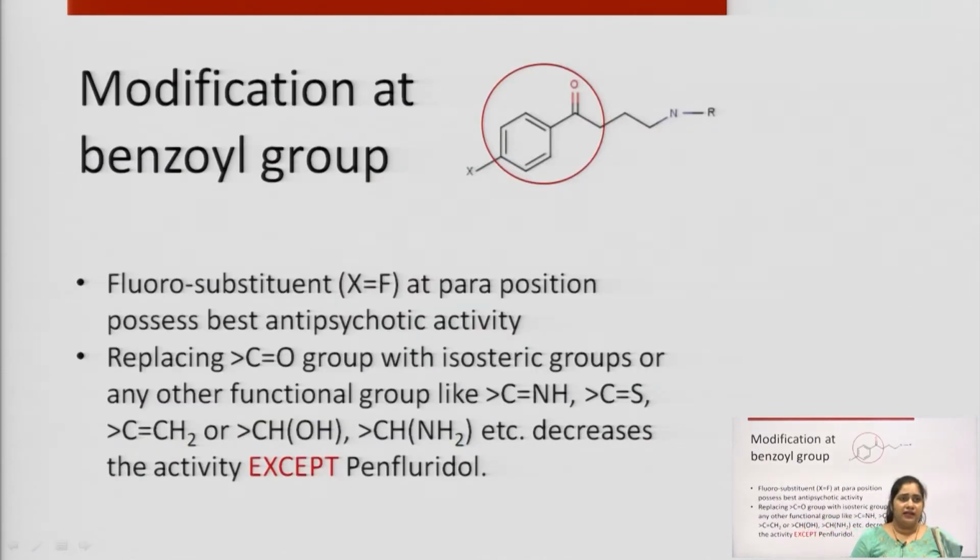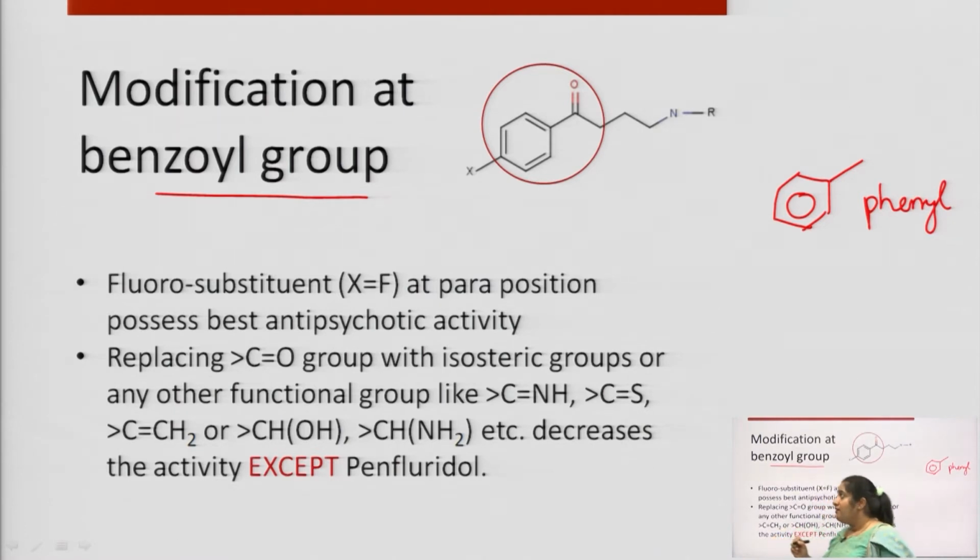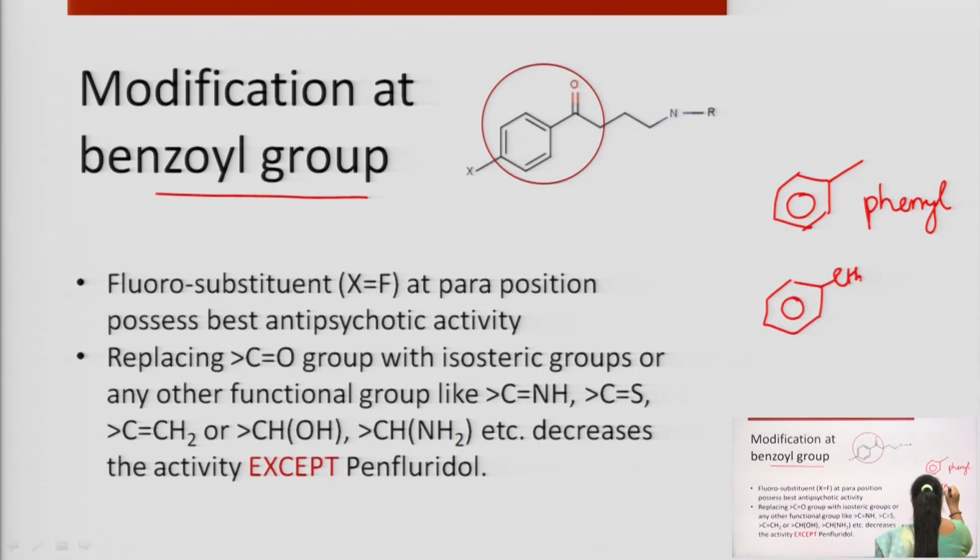The first category is modification at the benzoyl group. First, what is a benzoyl group? As we know, when we remove a single hydrogen from benzene, it's phenyl. Generally, students get confused between these three different structures. When we add a CH2 group here, this is benzyl.